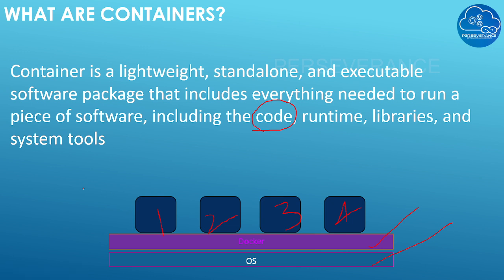In simple terms, your application and its dependencies. We call them dependencies in the sense that an application needs something to run, like we need electricity to run an air conditioner. Like that, an app needs maybe dependency 1, dependency 2, and so on.